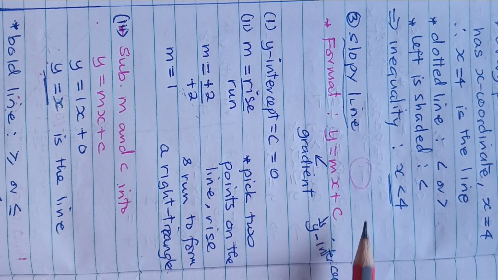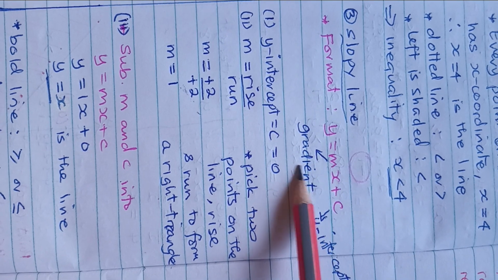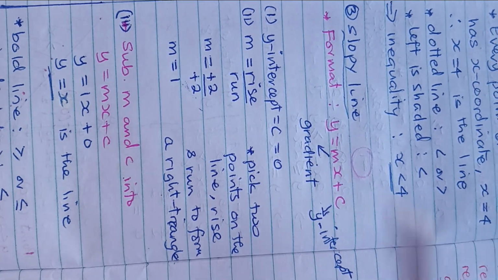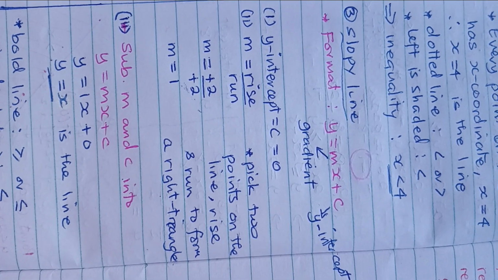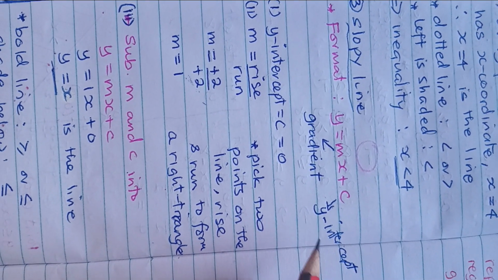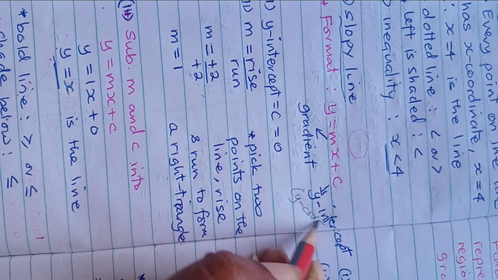This m and c, they are numbers, and the m represents the gradient or the slope or the steepness of the graph, and the c here represents the y-intercept, specifically the y coordinate of the y-intercept.